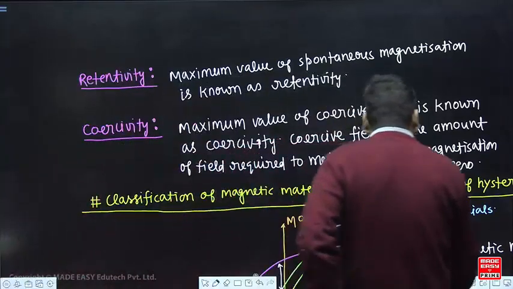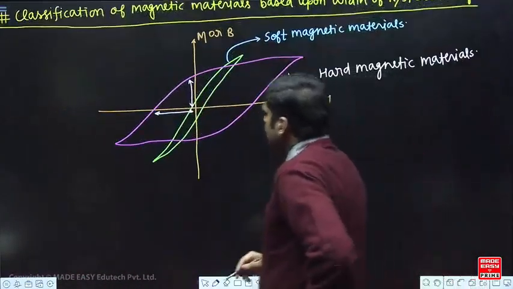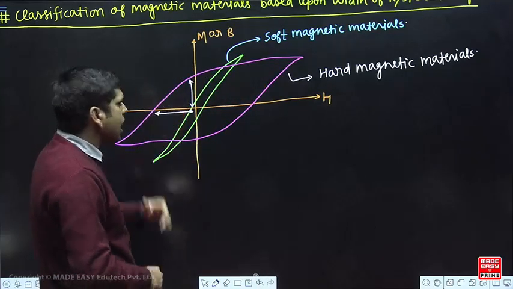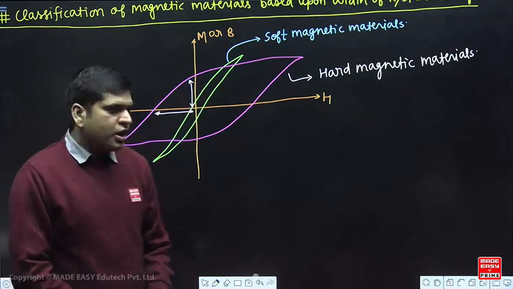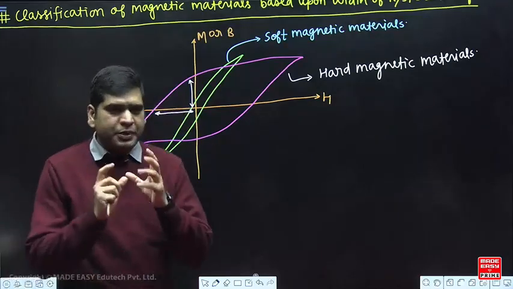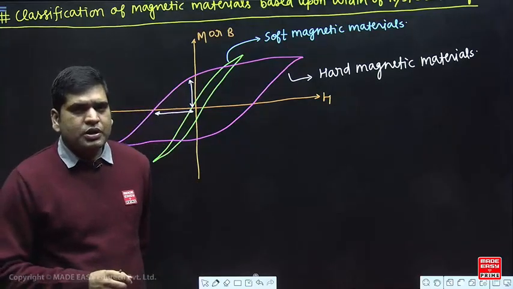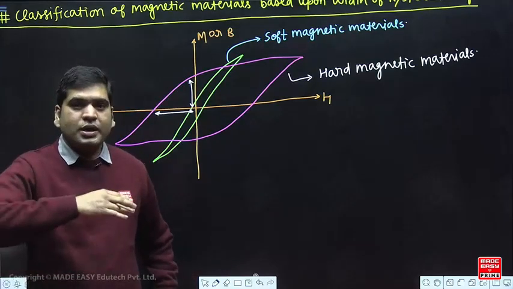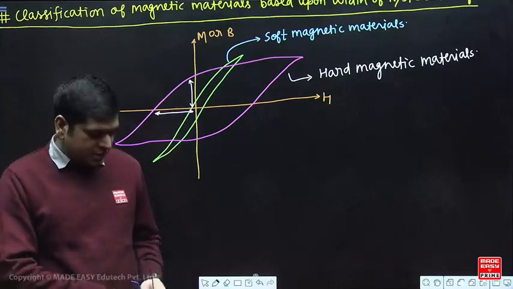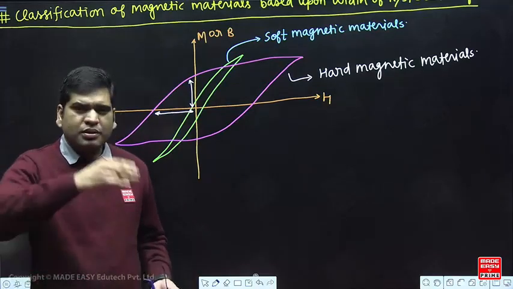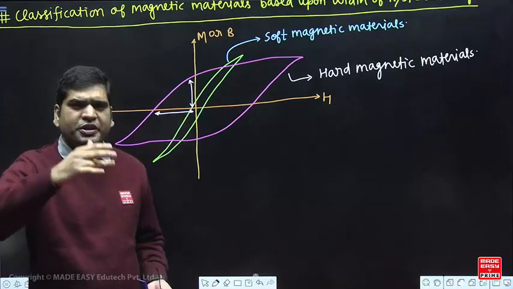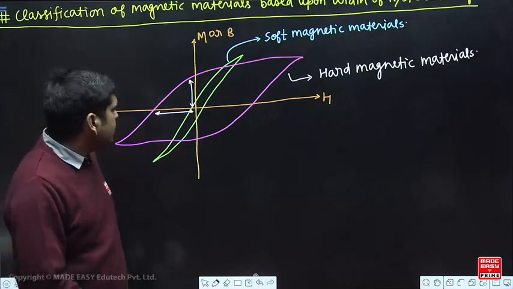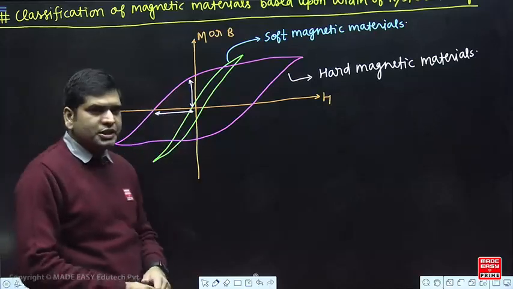Now you see, hard magnetic materials have high retentivity and high coercivity. So because of high coercivity, they are difficult to demagnetize. So they cannot be used for the high frequency signals where rapid magnetization and demagnetization is required. High frequency means rapidly positive, negative, positive, negative, like that. Because of high retentivity and coercivity, they cannot follow.